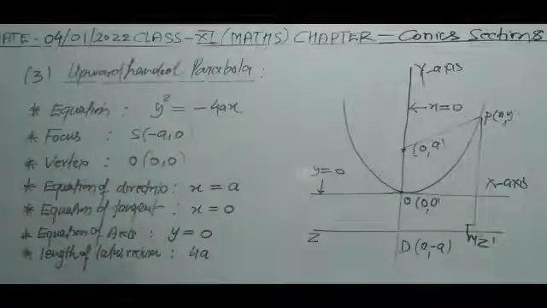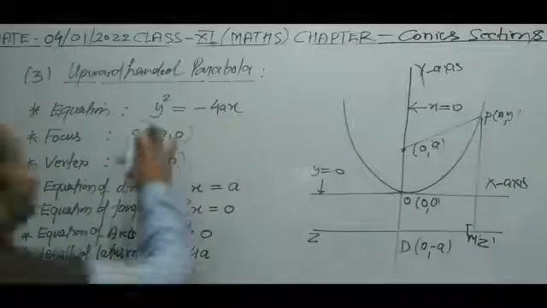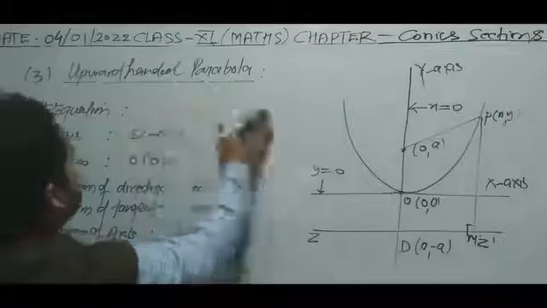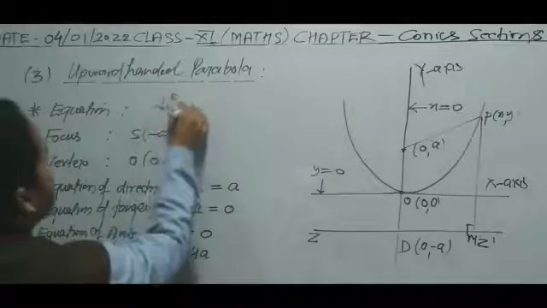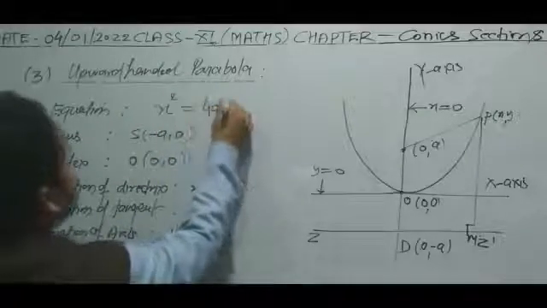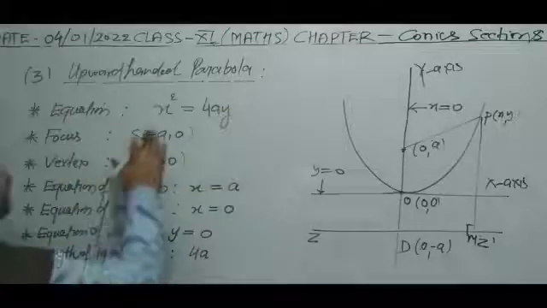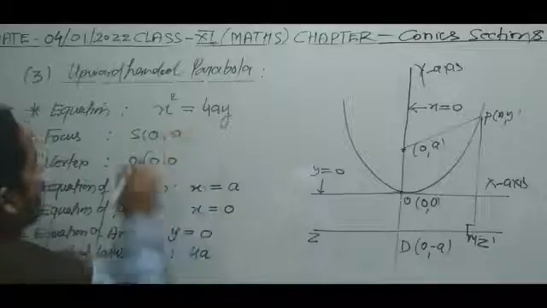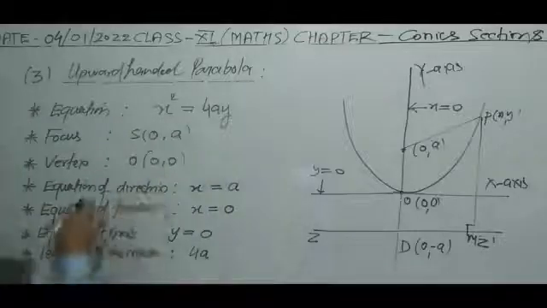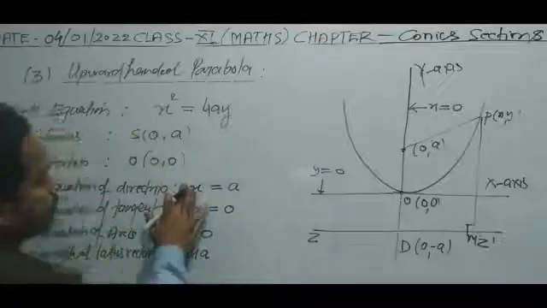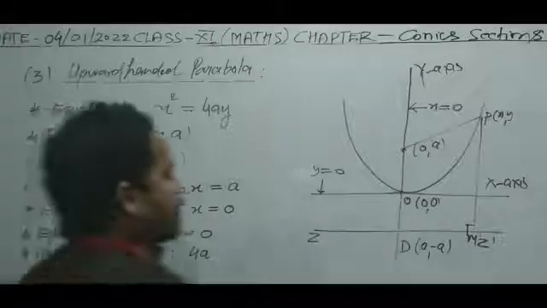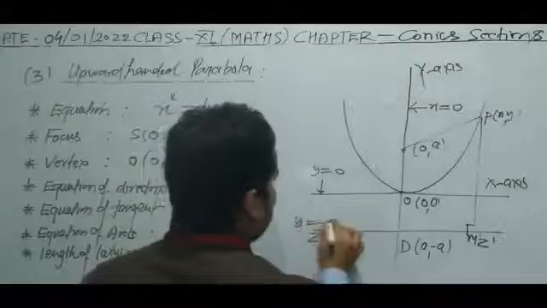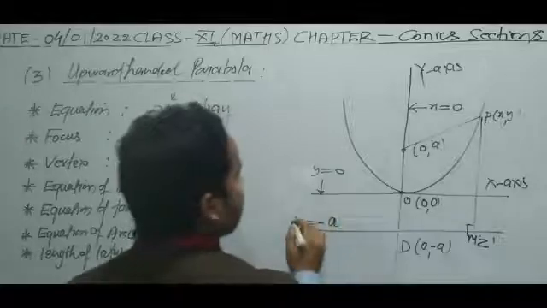So this equation will be x square is equal to 4ay, and focus coordinate will be 0 comma a, vertices will be same, and equation of directrix will be y is equal to minus a.